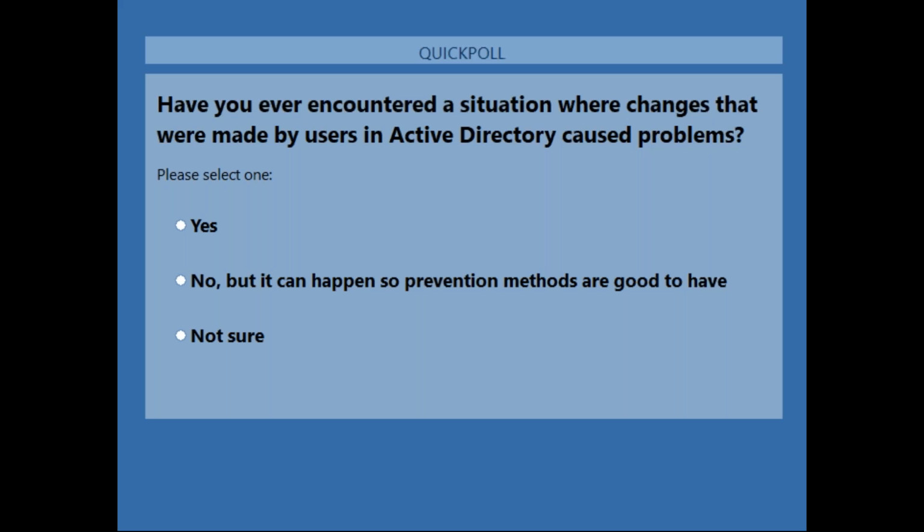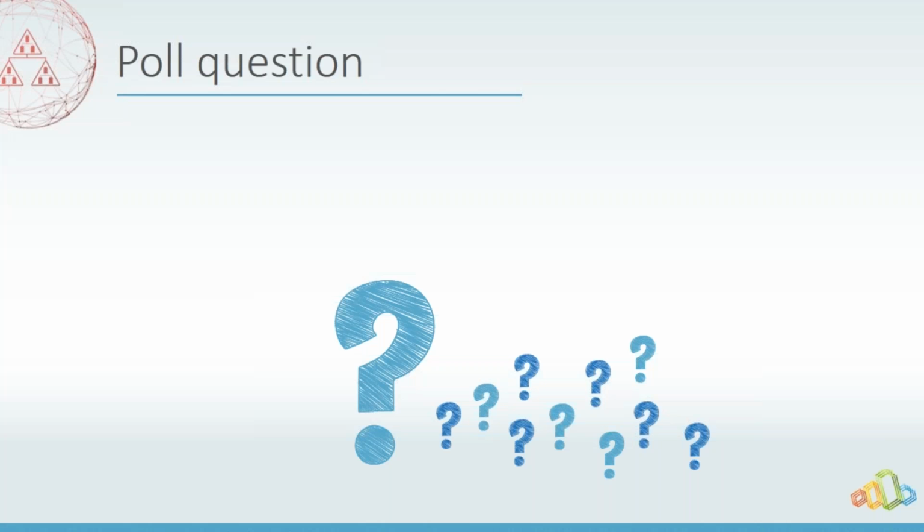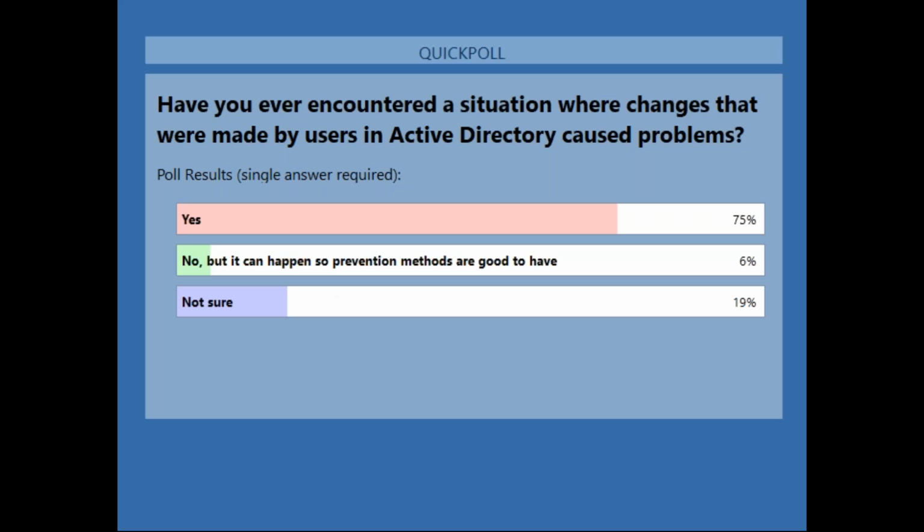The results are overwhelming but not surprising: 75% of our attendees say that they did see changes in Active Directory cause problems. About 6% say that they didn't, but they are aware that it could happen, and about 20% say that they are not sure.